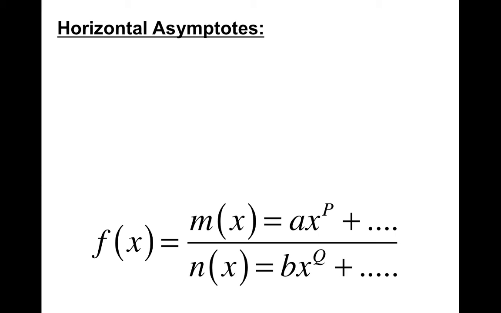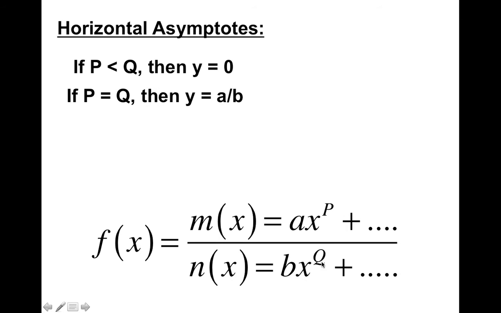To find the horizontal asymptotes of a graph, you have to look at the exponents p and q. If p is less than q, then you have a horizontal asymptote of y equals 0. If p equals q, then to find the equation of your horizontal asymptote, it's y equals the coefficient of our top divided by our coefficient of our bottom.